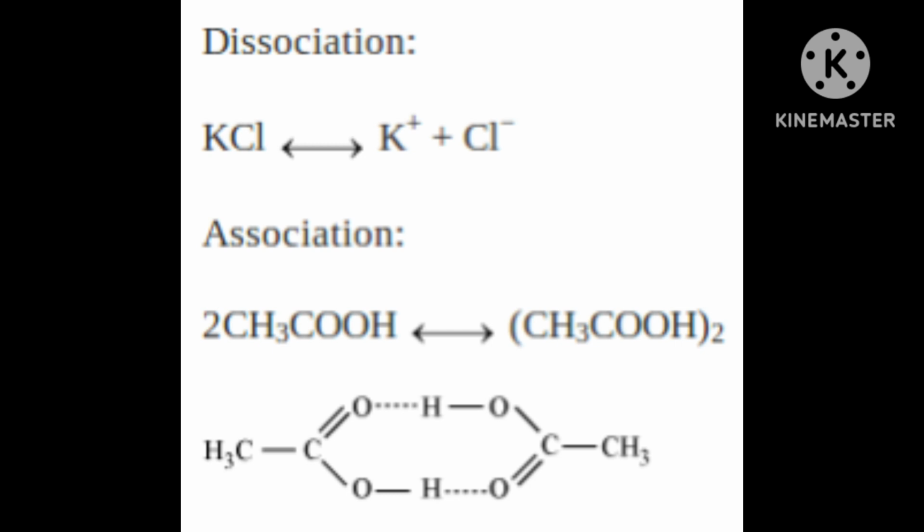All values you have put. After the calculation, you will get 1.86 into 10 to the power minus 5, that is equal to Ka, the dissociation constant of acetic acid.